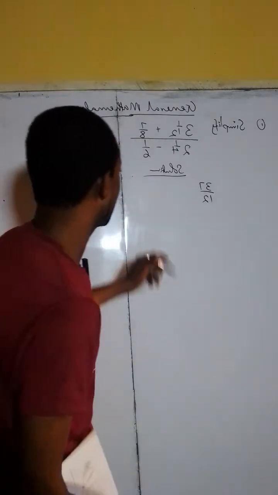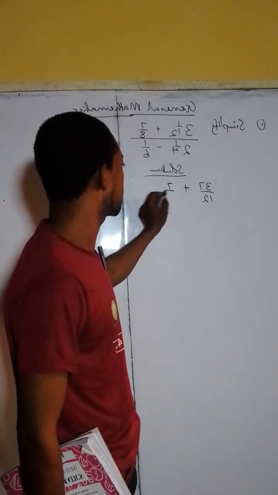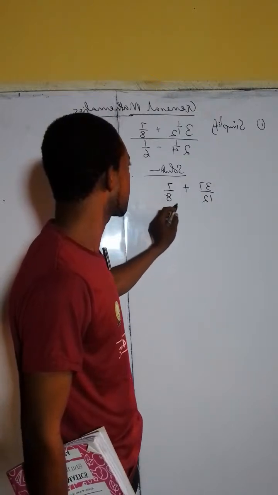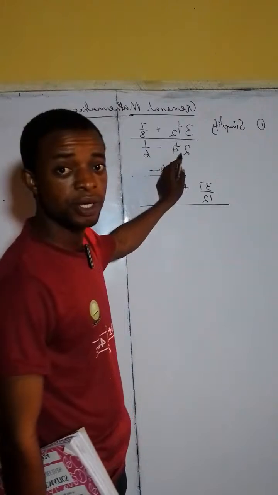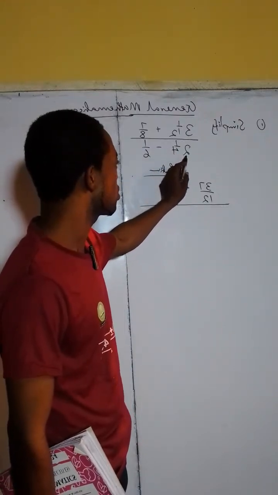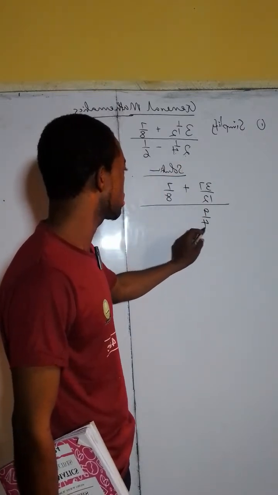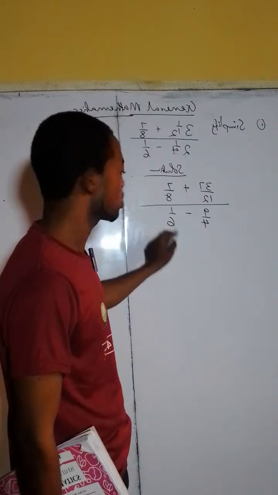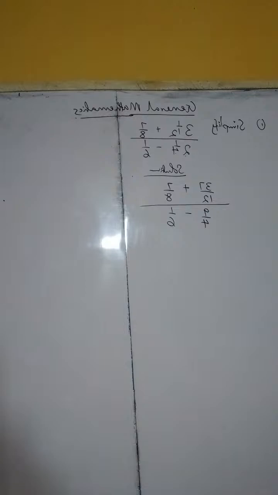Then plus 7/8, then divided by, also we change this to improper fraction. 2 times 4, 8 plus 1, that's 9/4, then minus 1/6. Then next step, we can bring the fraction together here.